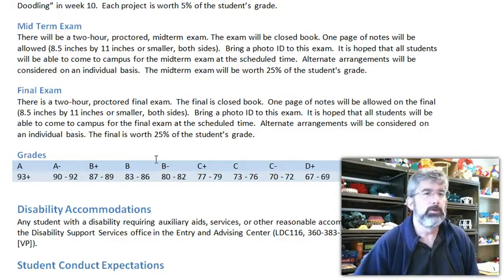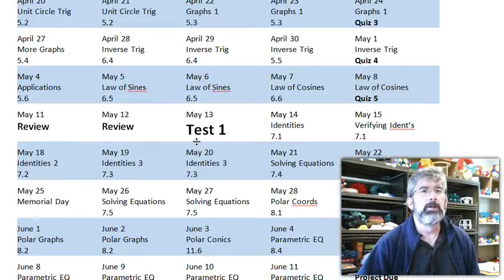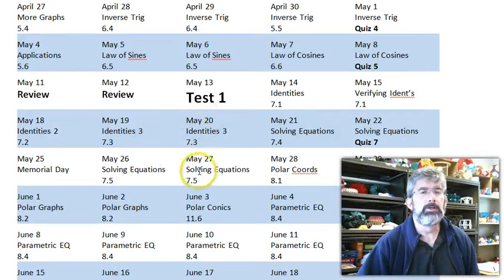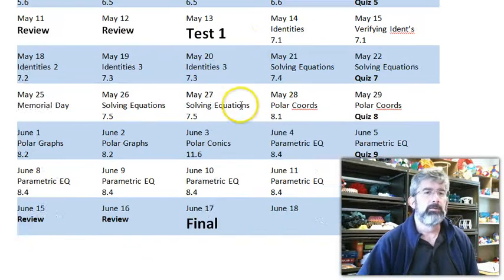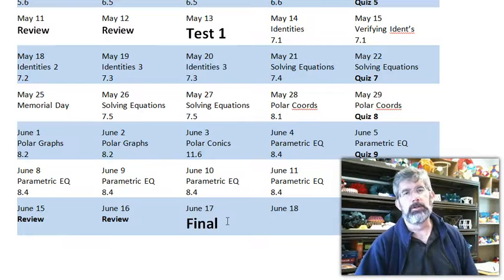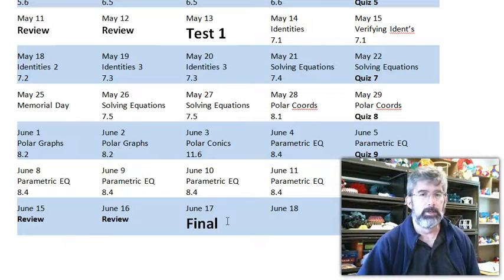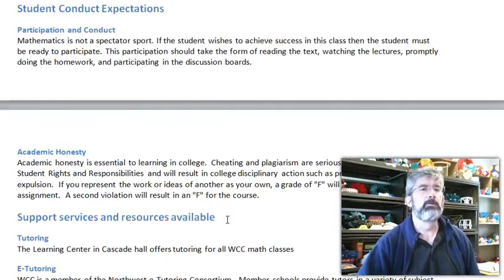So one in the middle of the quarter, which I'm going to scroll down to the calendar here because I can't remember the day. Yeah, the first test will be on May the 13th, 7 to 9 p.m. And the final exam will be June the 17th, again, 7 to 9 p.m. I'll find a room on the campus. I'll let you all know well ahead of time as to what room it's in, but I don't know as I'm making this video.